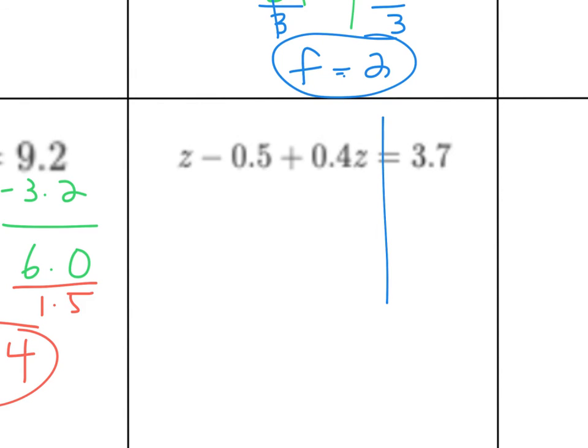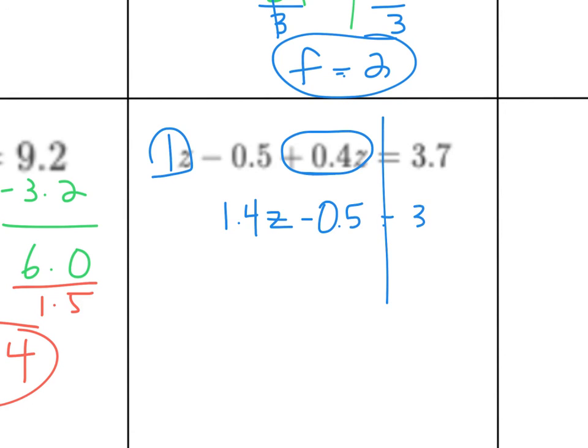Equal sign, variable, variable. Have to notice that. This is a 1z and a 0.4z. That will give me a 1.4z minus 0.5 equals 3.7. Okay. Plus 0.5, plus 0.5. I'm going with my solo numbers to begin with.